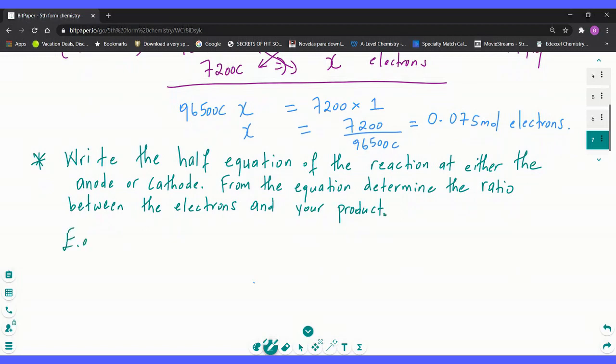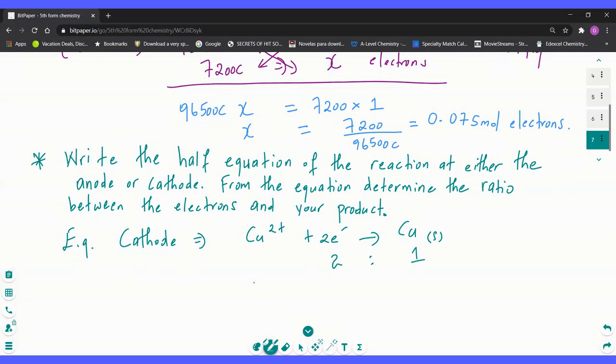So say for example, we were looking at a reaction at the cathode and we were forming copper. Say we did electrolysis and at the cathode, copper ions were gaining 2 electrons to form copper solid. What I can see from this reaction is that it takes me 2 electrons to form 1 copper atom.